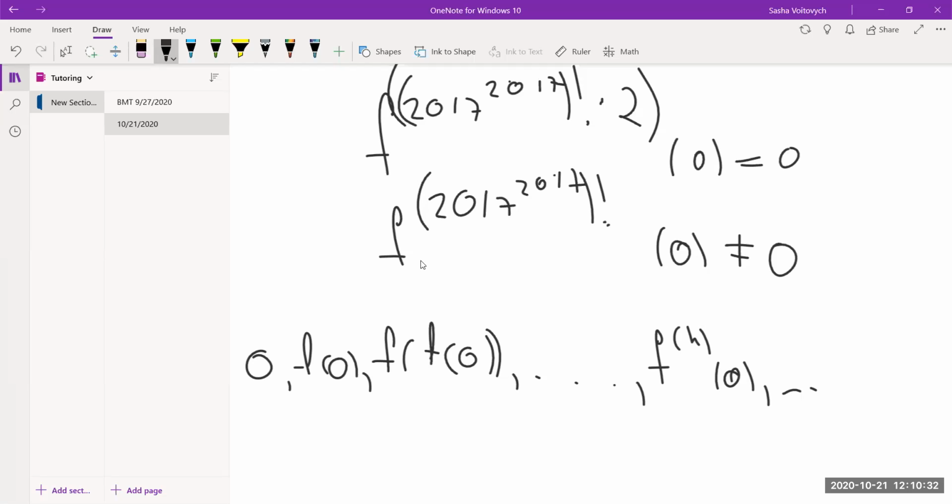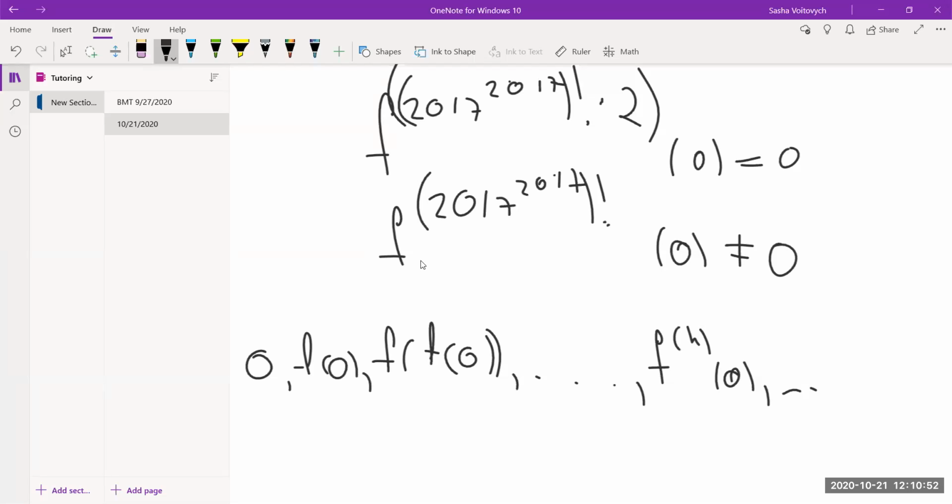My claim is that if there is 0 somewhere in the sequence, it is periodic.